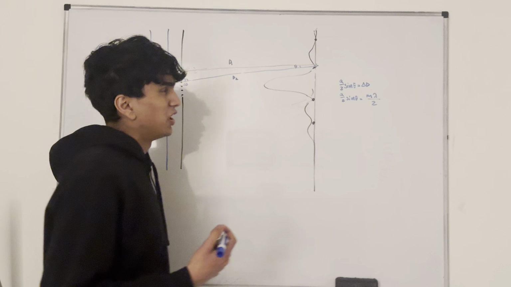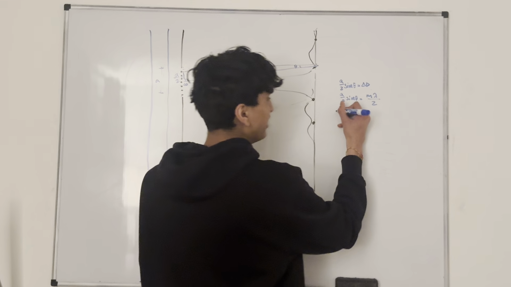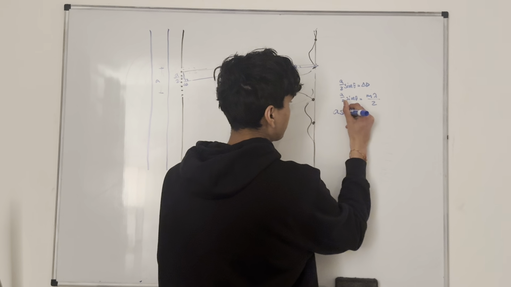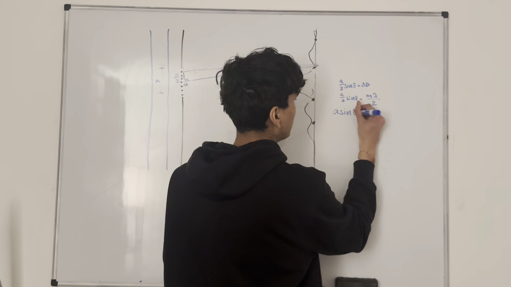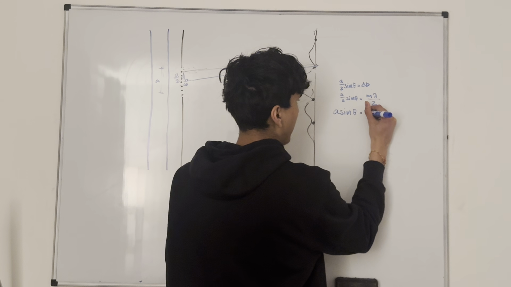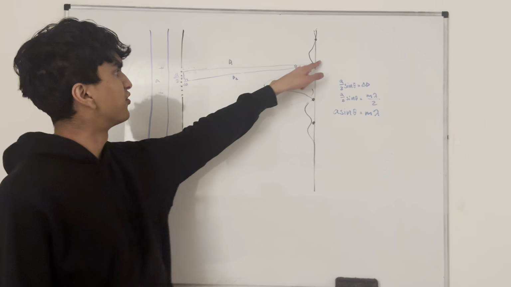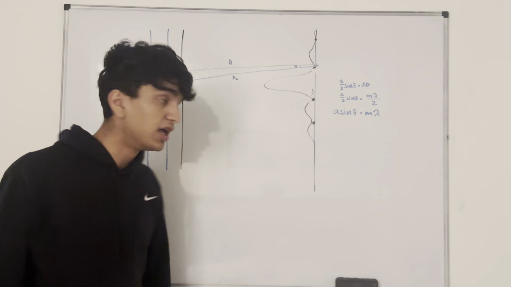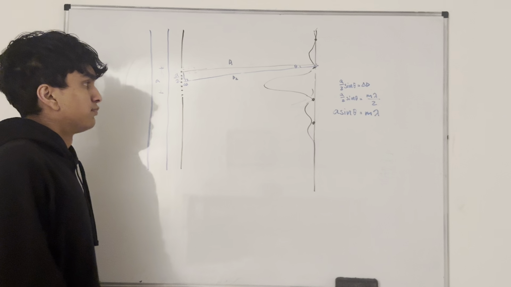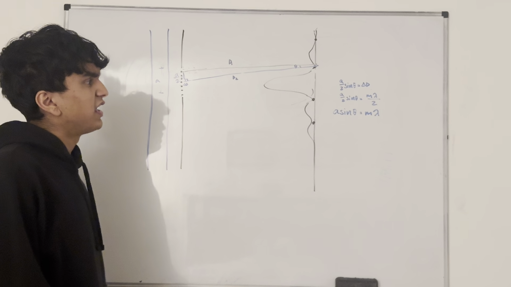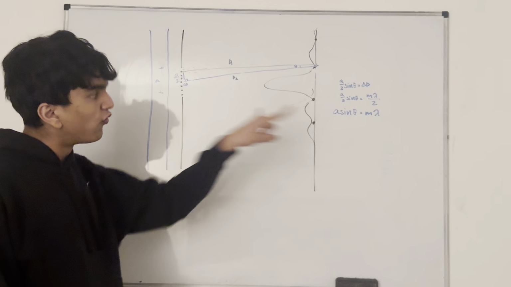With that, you actually get that A sine theta is equal to m lambda, right?